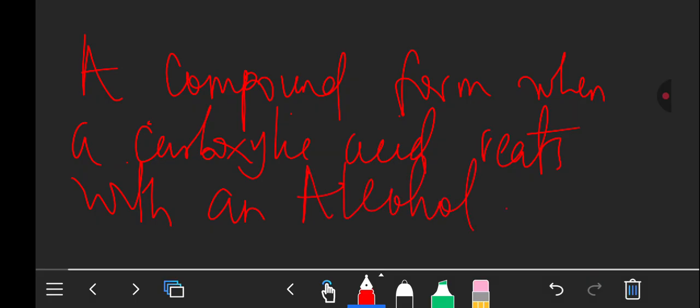So when a carboxylic acid reacts with an alcohol, an ester is formed. A sweet smelling substance is formed. Okay?